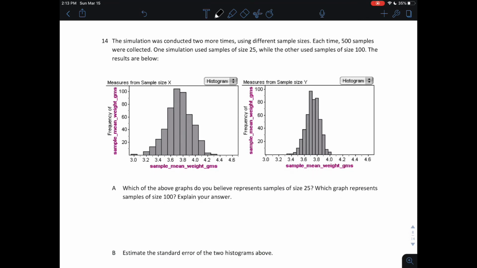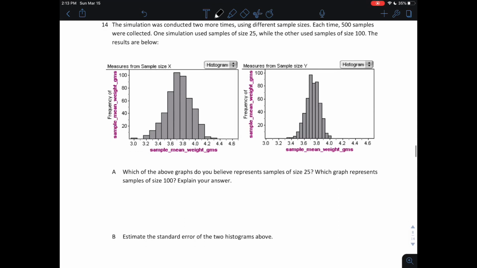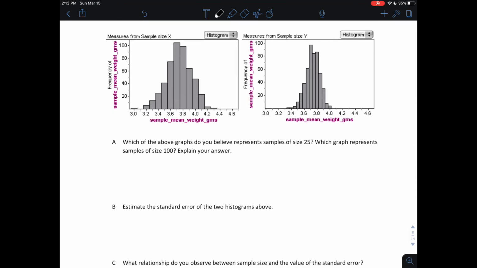Number 14. The simulation was conducted 2 more times using different sample sizes. Each time 500 samples were collected. One simulation used samples of size 25 and the other used samples of size 100. The results are below. So again, we're looking at some histograms here. On the left, we see wider bars in a wider distribution, and on the right, we see skinnier bars in a skinnier distribution. Question A, which of the above graphs do you believe represents samples of size 25?